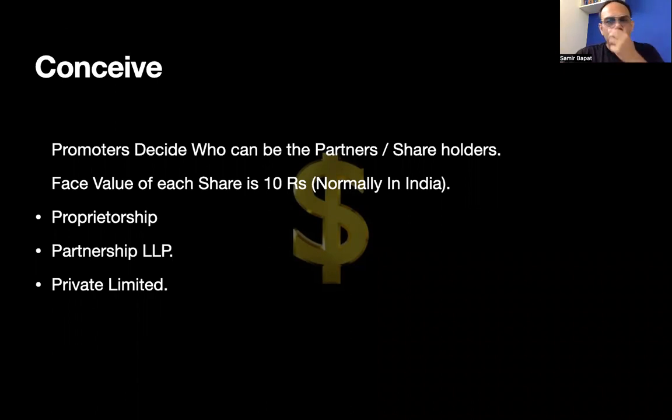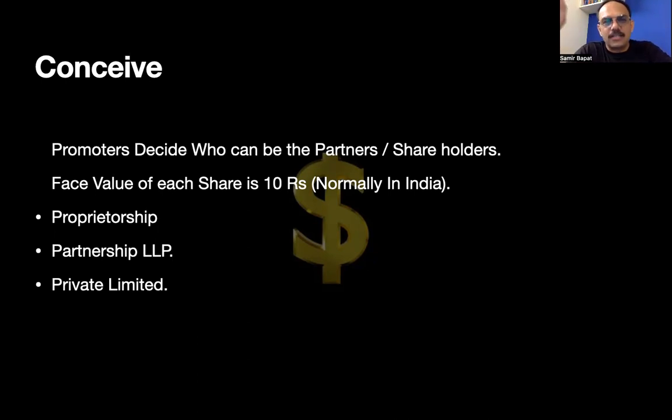So what we will do is in our documentation, we'll write, okay, we both have brought 10,000 rupees. Each of the partners, because we both are the partners, both are allocated 1,000 shares each of the company for a face value of 10 rupees.